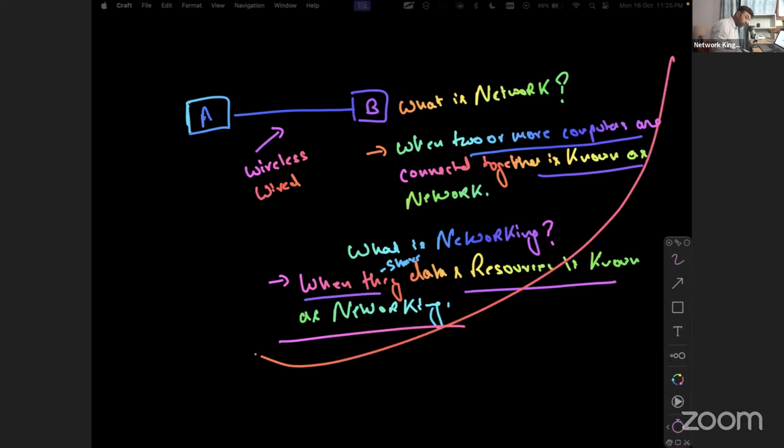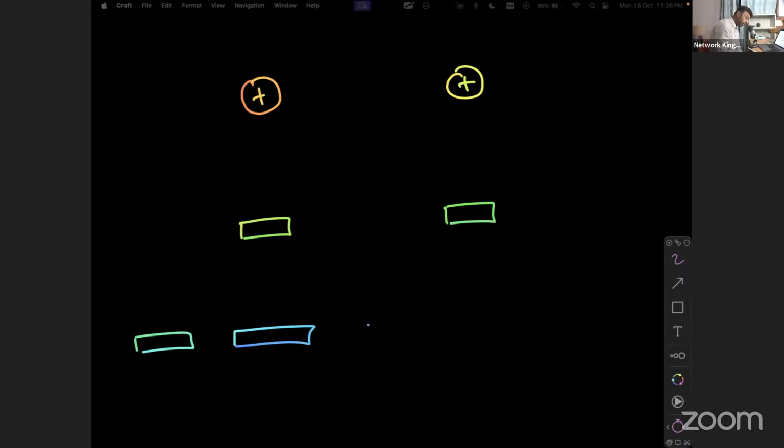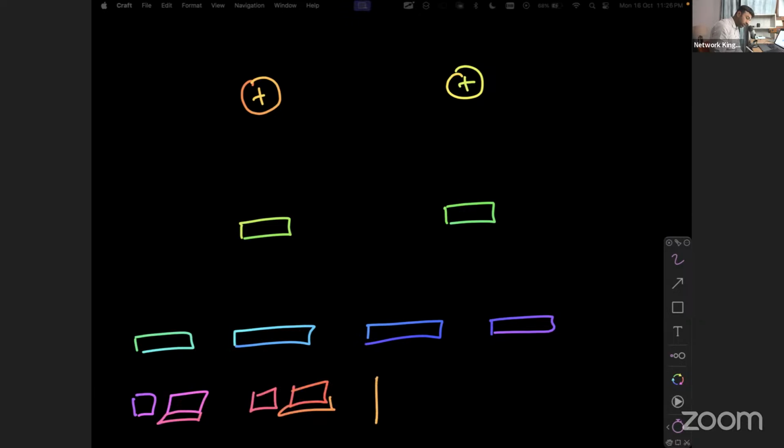So when we design our company networks, like 2 routers, when we have switches, we have 2 switches. Okay, when we have normal switches, we have computers, laptops, servers.